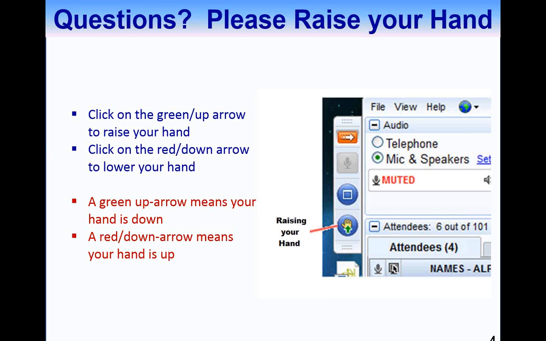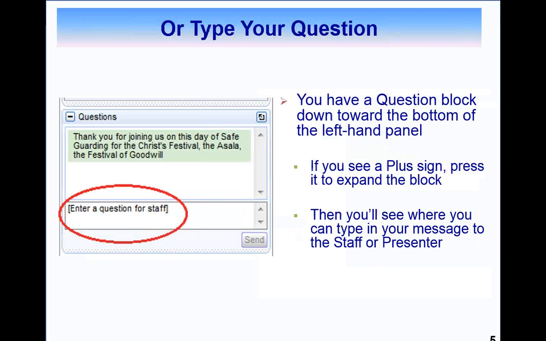Next slide, please, Astrid. You also have the opportunity to enter a question to us. There's a little block down below the list of attendees that says questions. If you don't see the block where you would type in the questions, then you probably have a little plus sign up there by the word questions.